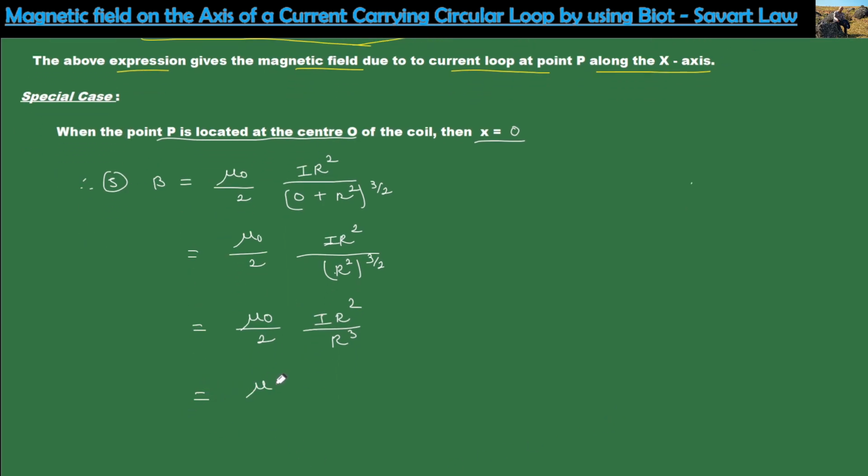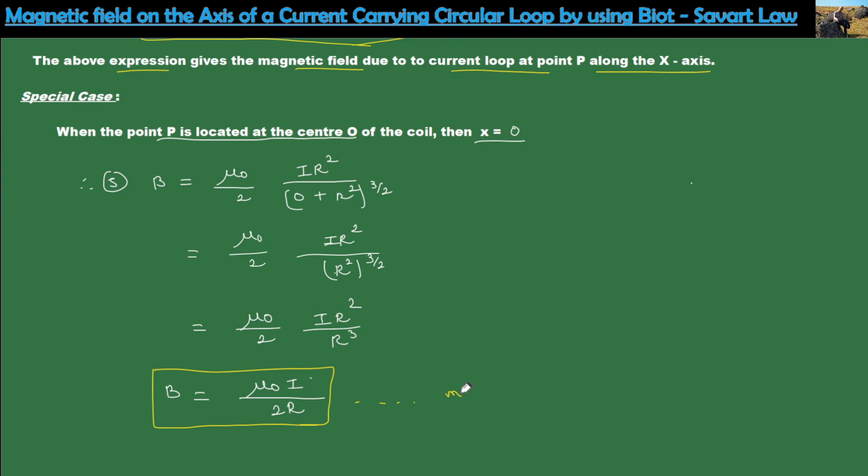The magnetic field of the coil reduces to mu naught I divided by twice r. This is that expression which we have derived previously.